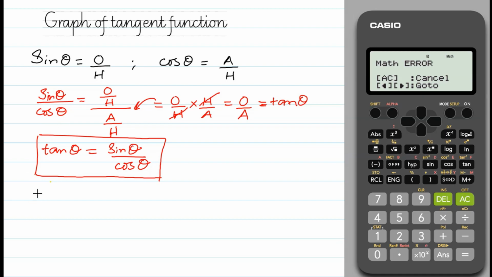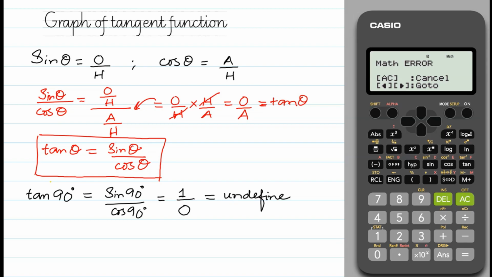Using this identity, tan of 90 can be written as sine of 90 degrees divided by cosine of 90 degrees. You know that sine of 90 gives you 1 and cosine of 90 gives you 0. Anything divided by 0 is always undefined. That is why you always get a math error whenever you try to find tan of 90.